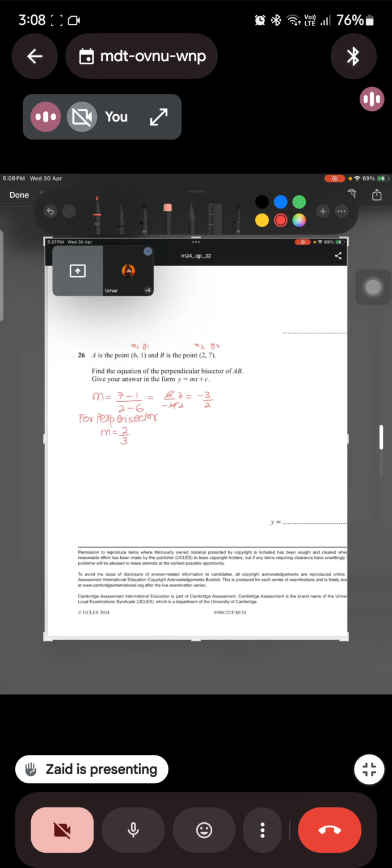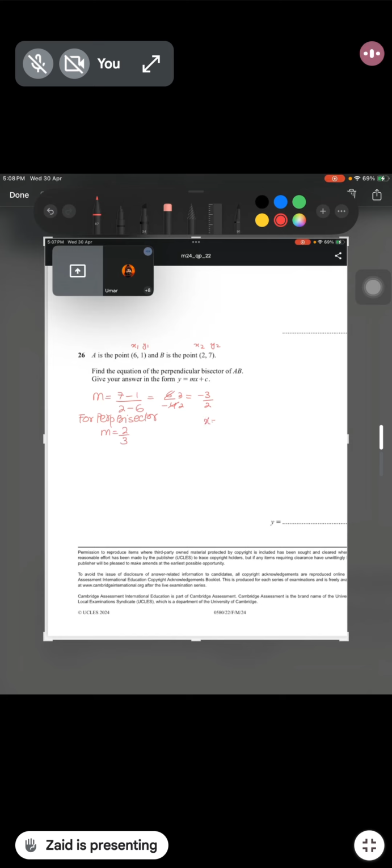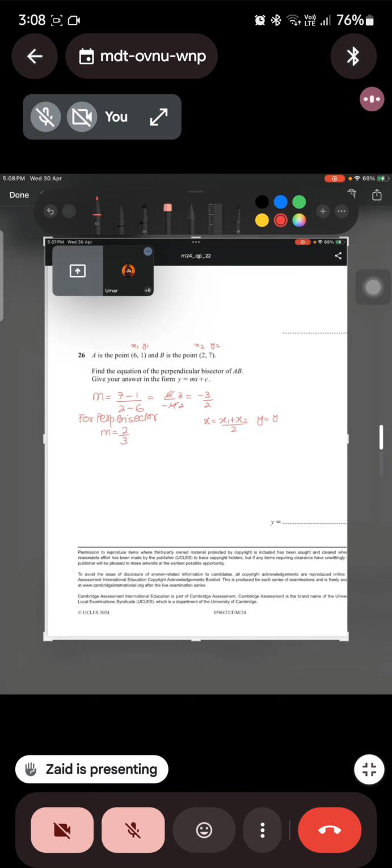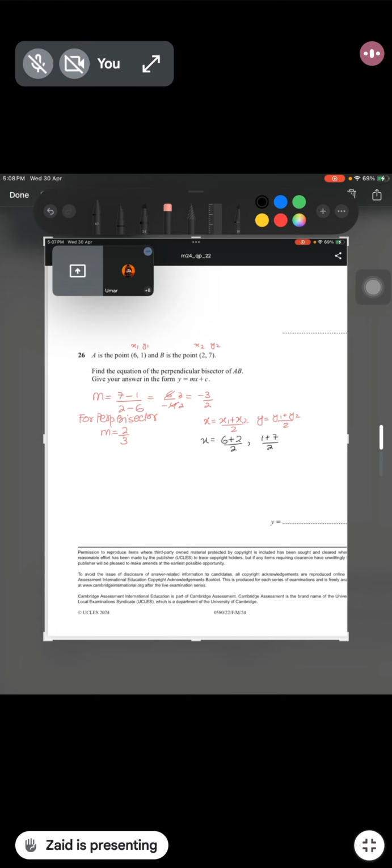Okay. Now we find the midpoint. Midpoint is going to be x1 plus x2 upon 2, y1 plus y2 upon 2. So that's going to give you 4 and 4. Sir, both are 4. Excellent. Okay.